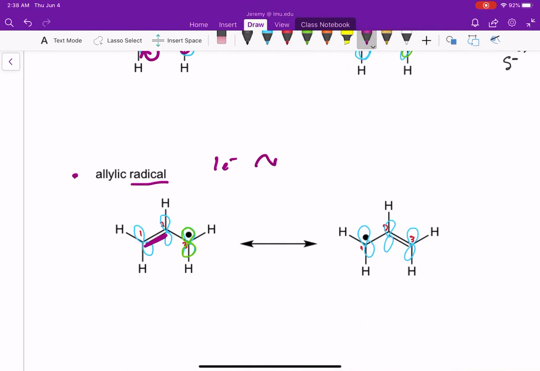I'm going to take the electron from carbon 3 and one electron from the pi bond to form my new pi bond here. And then the other electron in the pi bond is going to go right into the p orbital at carbon 1. So when we're working with radicals, we have to use our fishhook arrow, right? The second electron goes into the p orbital by itself.